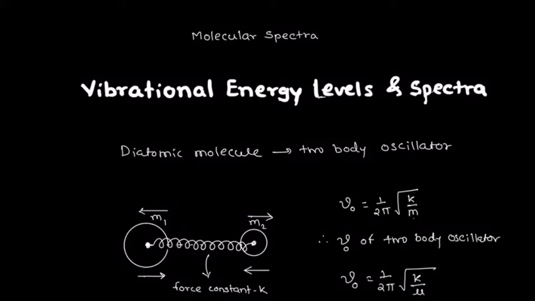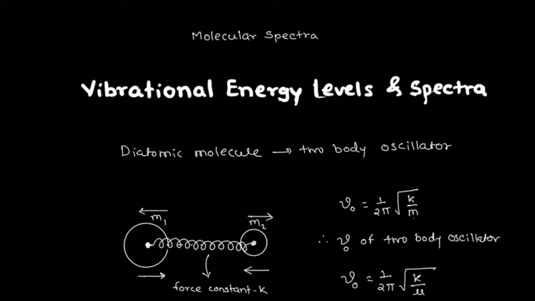Such a diatomic molecule has two atoms of masses m1 and m2 connected by an elastic spring whose spring constant is k. If we assume initially the molecule vibrates along the x direction, it performs simple harmonic motion.